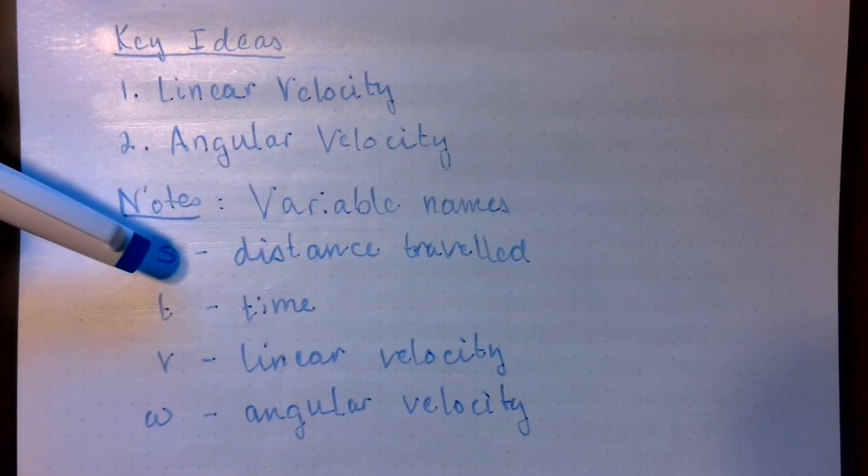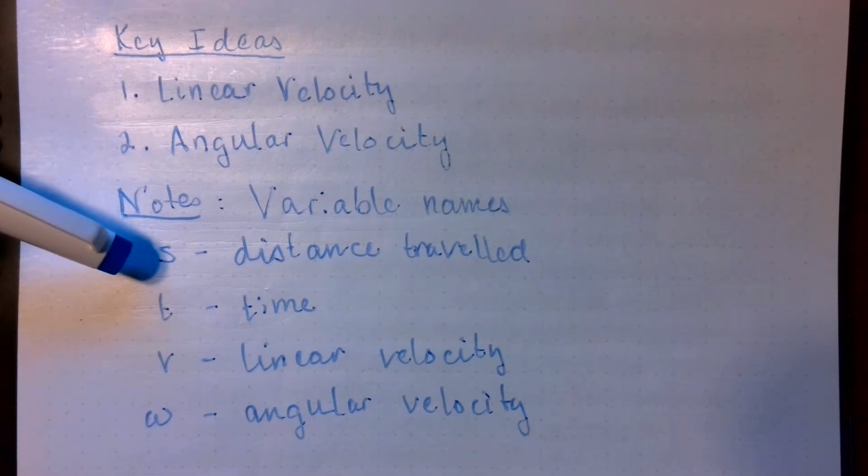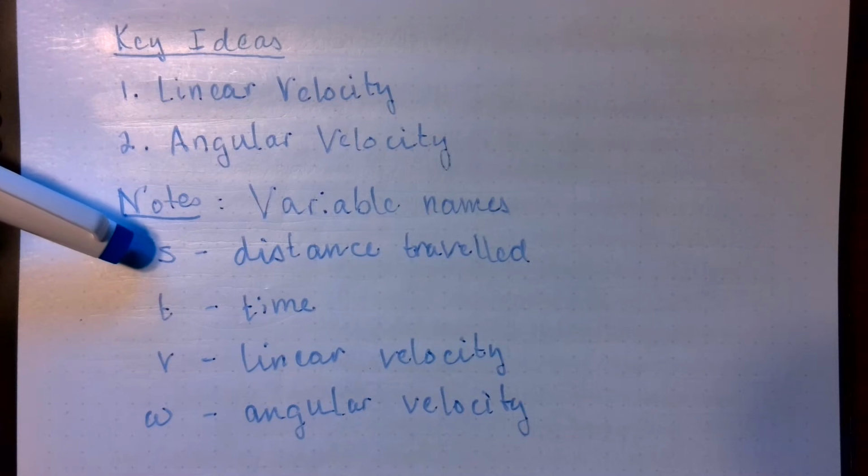We use s for two reasons. One, it comes from the Latin word for distance, spatium. And number two, the letter D is used for a very important operation in calculus. So we don't want to confuse those two things.